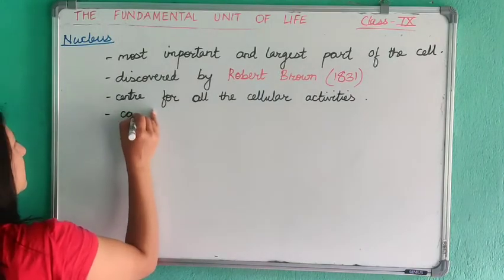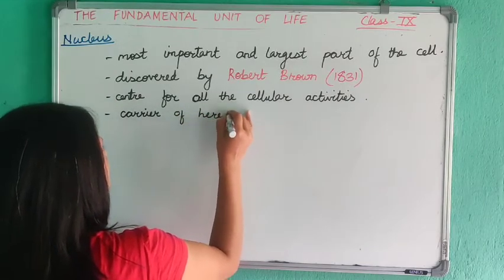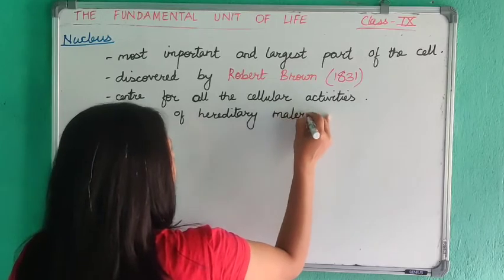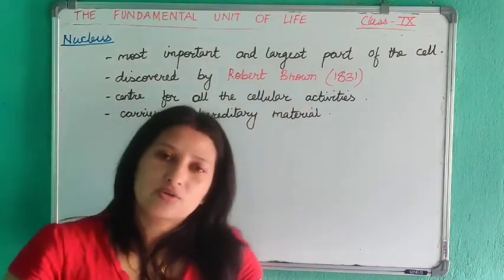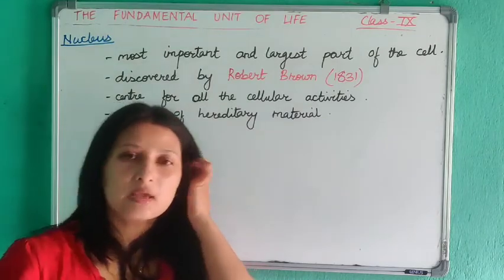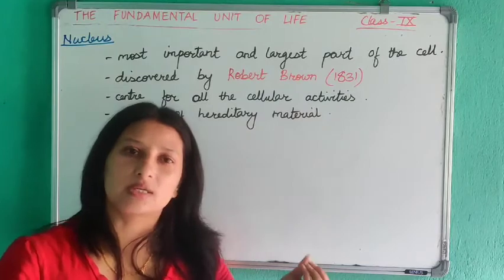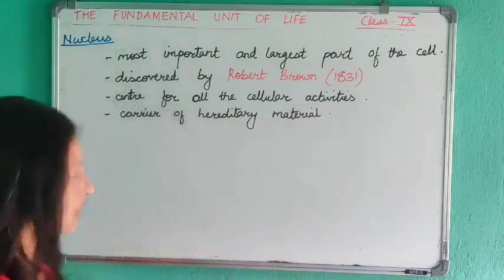Plus it is the carrier of hereditary material. Hereditary material भनेको चाहिँ one generation देखि अर्को generation मा जुन चाहिँ materials ले क्यारेक्टर्सहरु बोकेर लान्छ त्यसलाई चाहिँ hereditary material भनिन्छ, and that is present inside the nucleus.